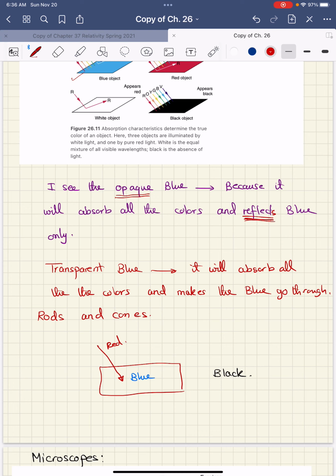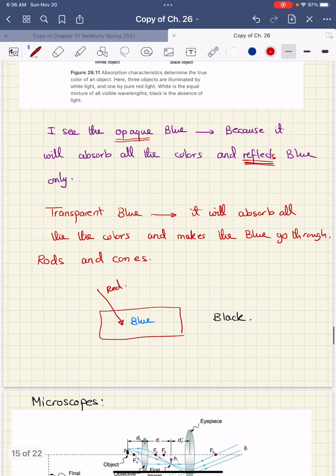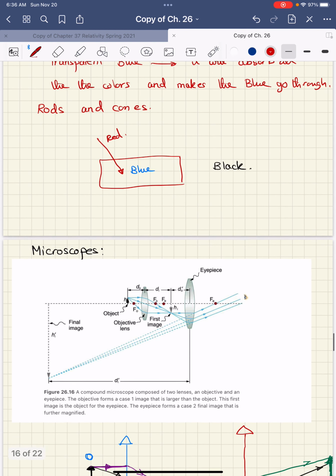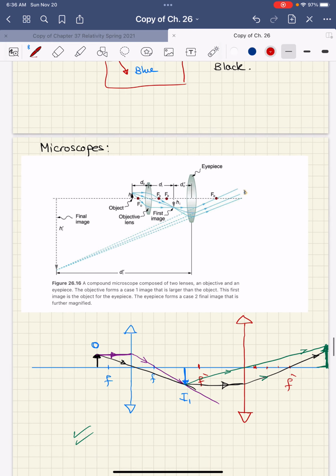If I have something that is transparent blue, then that object absorbs all the colors and lets the blue go through. The rods and cones are the cells that are responsible for colors in our eyes.